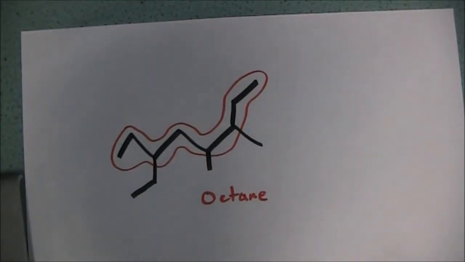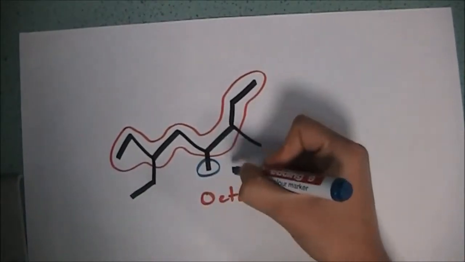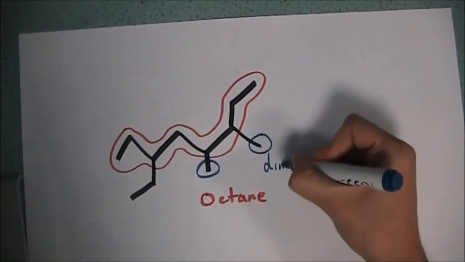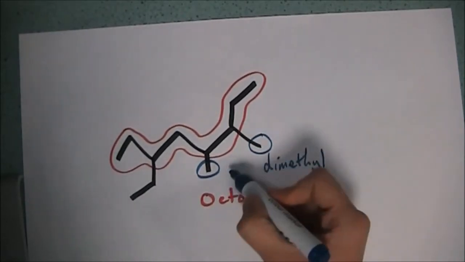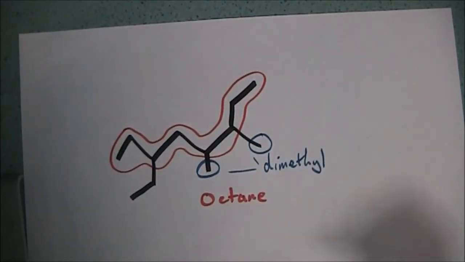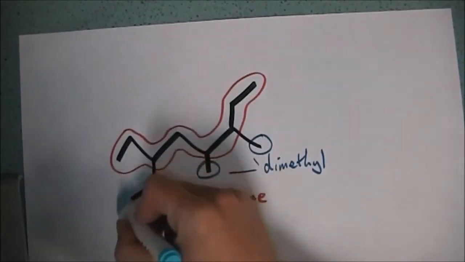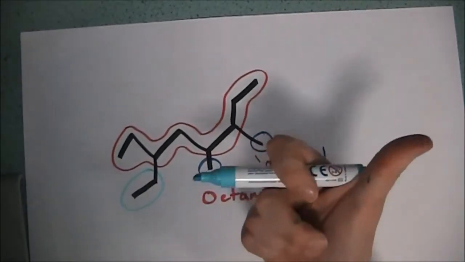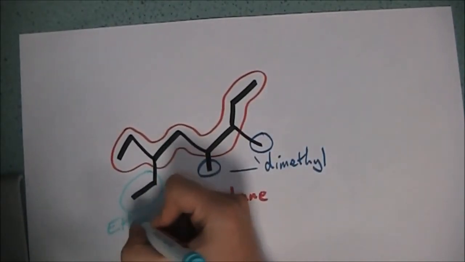So, what else do we have? Well, we have a 1 carbon group there and a 1 carbon group there, which gives us dimethyl, because there's 2 carbons. We know that we've got over here another group which has 2 carbons in it, and so methyl, ethyl.